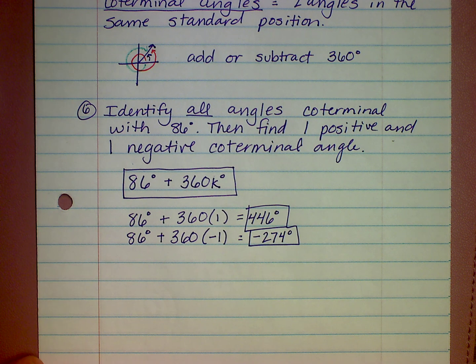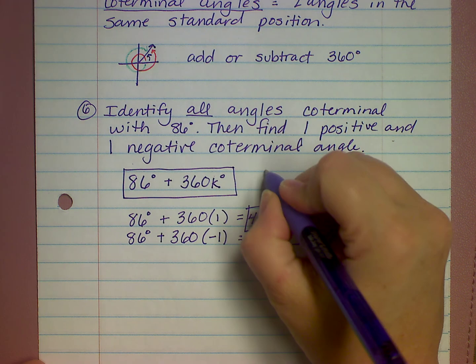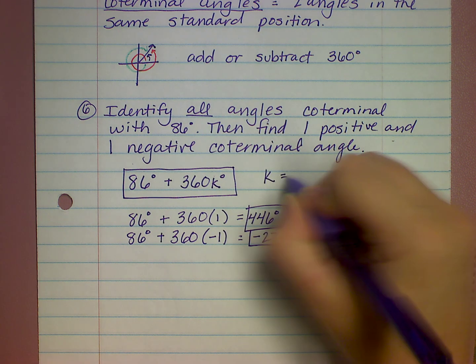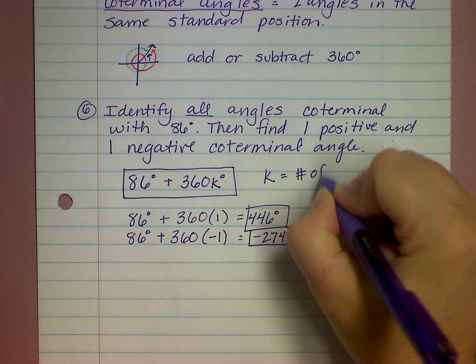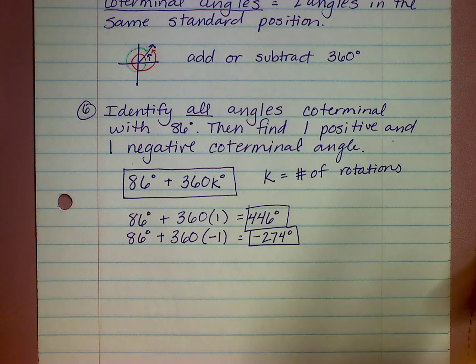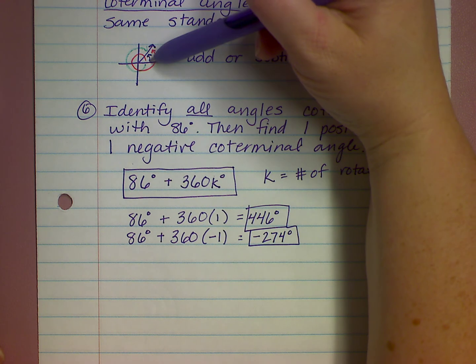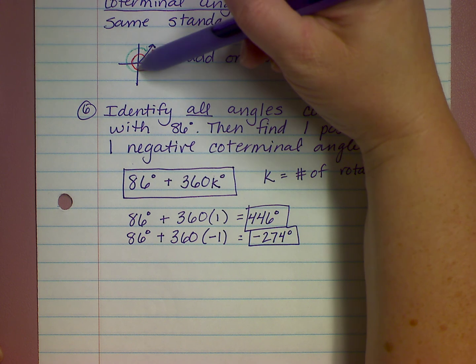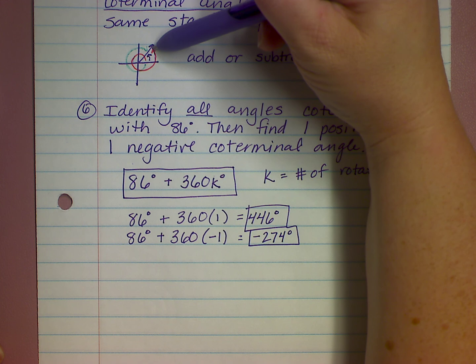Miss Franken? Yes. What does the K represent? Because I'm confused about the K. Okay. The K represents the number of rotations. So, in other words, when I started with this angle right here, if I want to add one more rotation, that's giving me this red swirly here.